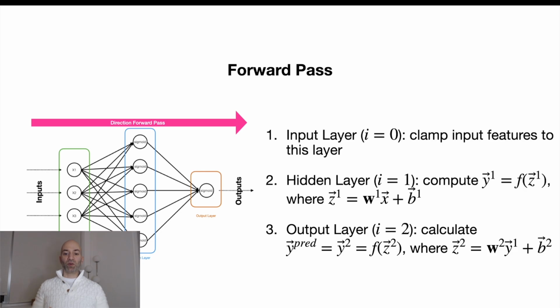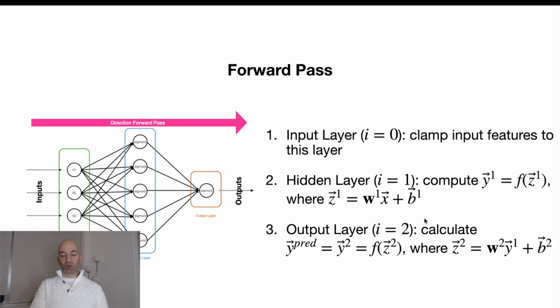Second, we are now at the hidden layer, i equals 1, and we compute the activations. That is going to be y1, and y1 is simply the output of our activation function f. The input to f is z1, and z1 is computed with this linear expression here.